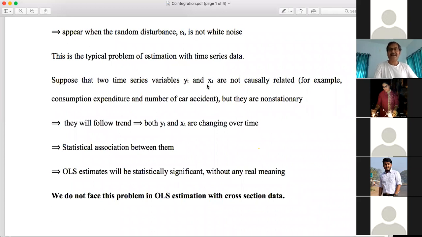You are getting a high regression coefficient in this example simply because of the trending behavior of the variables, not because they are related in a causal sense. This kind of problem is the problem of spurious regression in econometric literature, and it may appear in the case of time series.